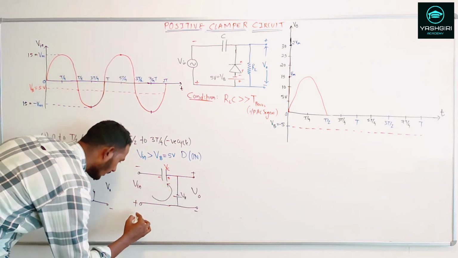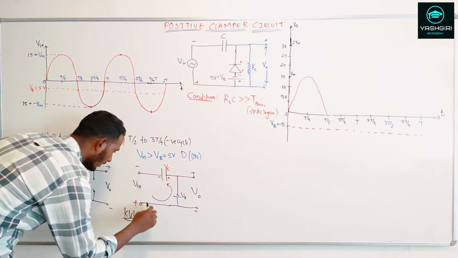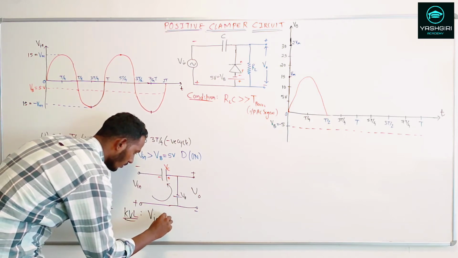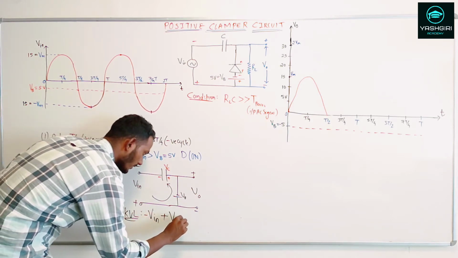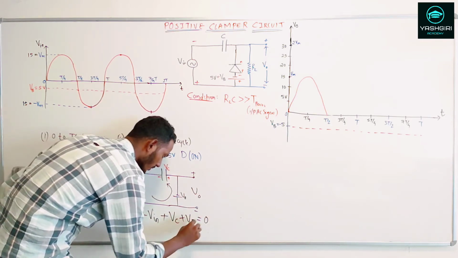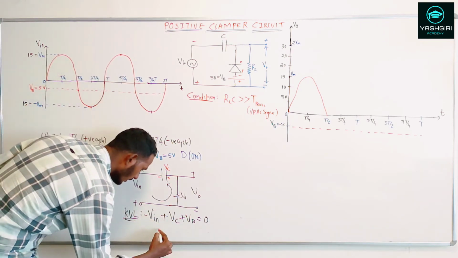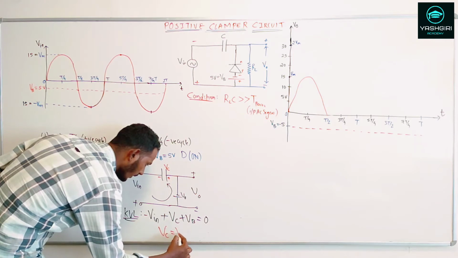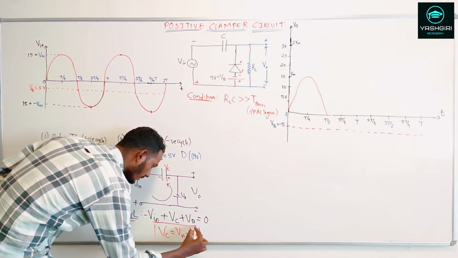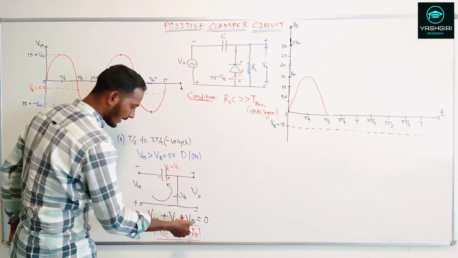When I apply KVL, there is a drop V input, there is a rise, the voltage across the capacitor, and again the voltage across the biasing voltage, equal to 0. So the voltage across the capacitor, VC, will be equal to V in minus VB. That will be the available voltage across the capacitor.